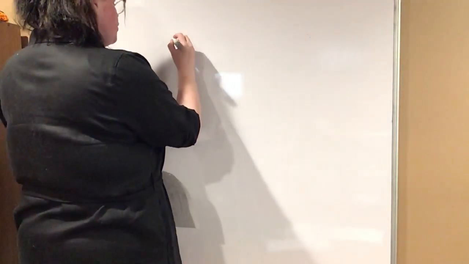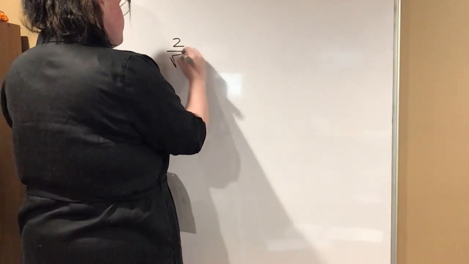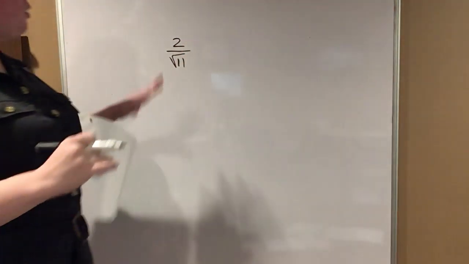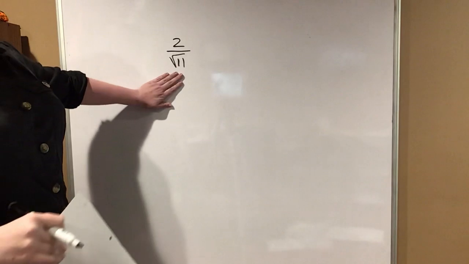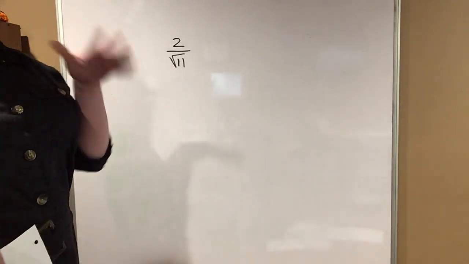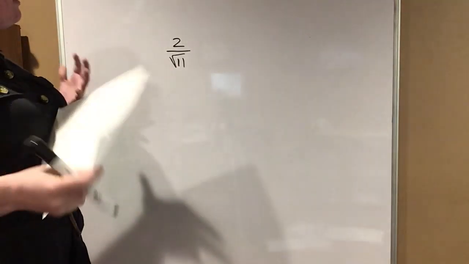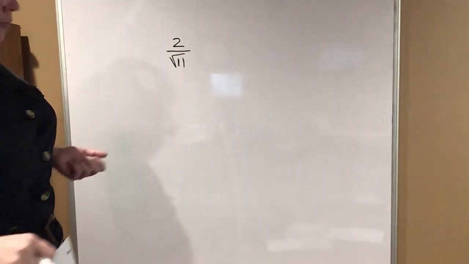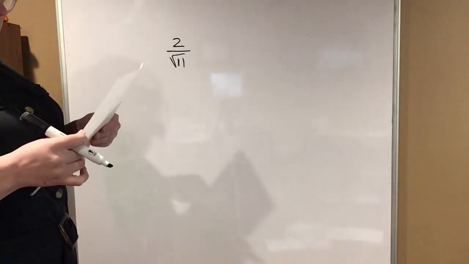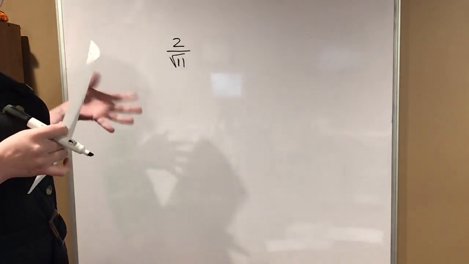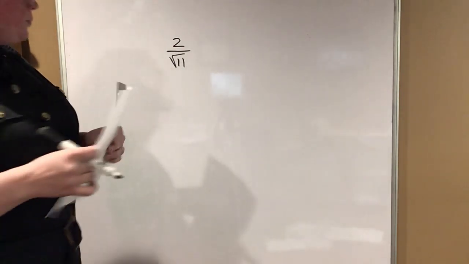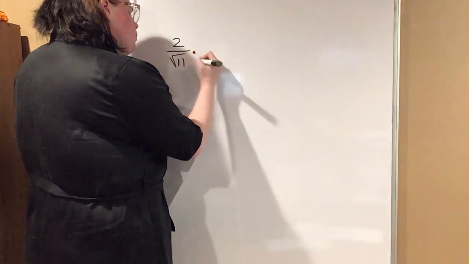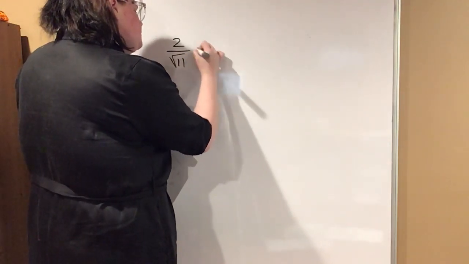So if I'm given 2 square roots of 11, and I need to rationalize this denominator. Basically, I need to get rid of that radical. So I have to multiply it by something that will get rid of the radical. And I need to multiply it by, basically I'm going to be multiplying it by itself. But I have to do both the top and the bottom.